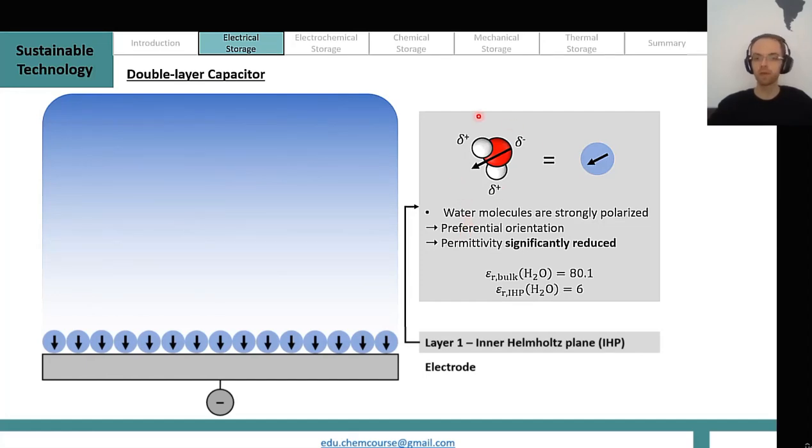So looking at water, we have this red oxygen atom here and these two white hydrogen atoms. This is the concept I told you about earlier. The oxygen likes electrons much more, so it tends to pull the electrons from the bonds to the hydrogens to itself, creating a negative partial charge on the oxygen and a positive charge on the hydrogen, therefore creating what you might call a miniature electric field, or simply a dipole.